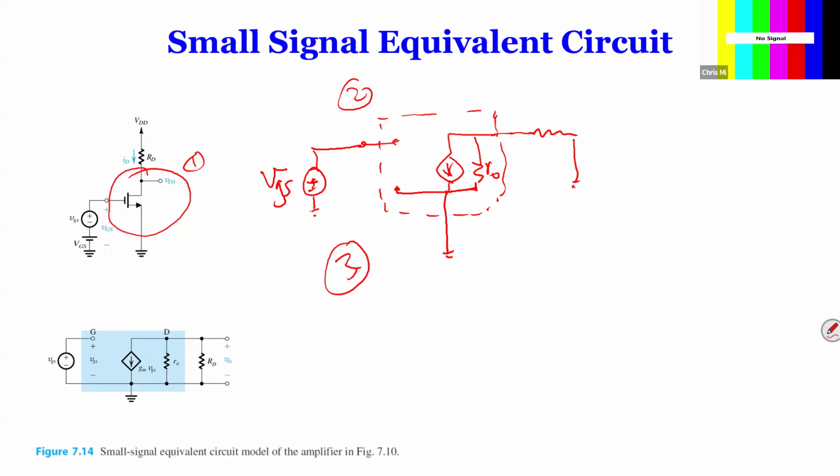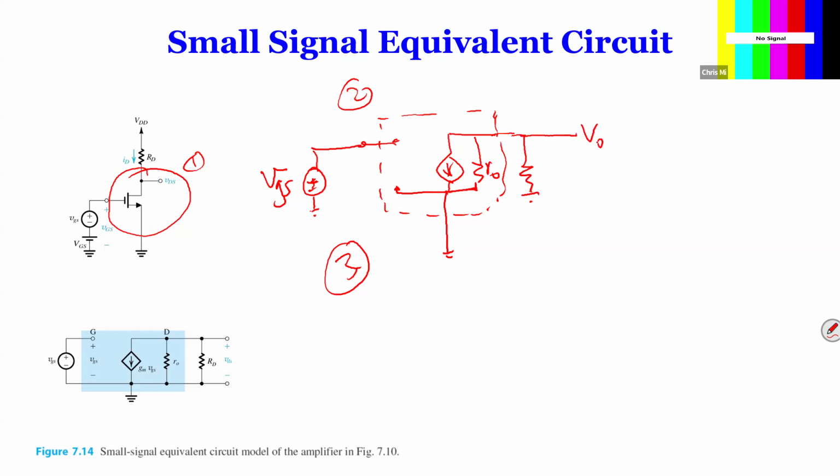To make it look better for our eyes, instead of doing it there, we connect to ground. And where's our output? Between RD and the model, right? So that's your VO. You see here, it's that simple.